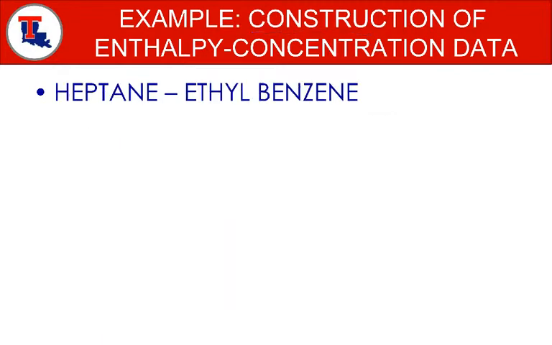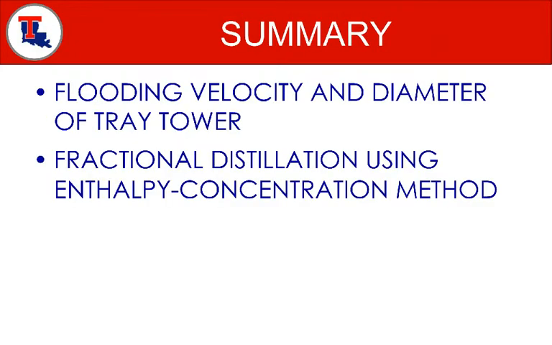So you can look at heptane ethylbenzene. That's an example that I uploaded online. So you can see how I collected these data and created my own enthalpy concentration data curve. So I uploaded that Excel file. Okay. All right. Thank you so much.